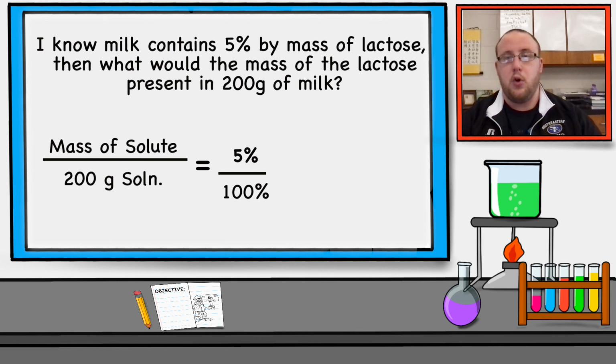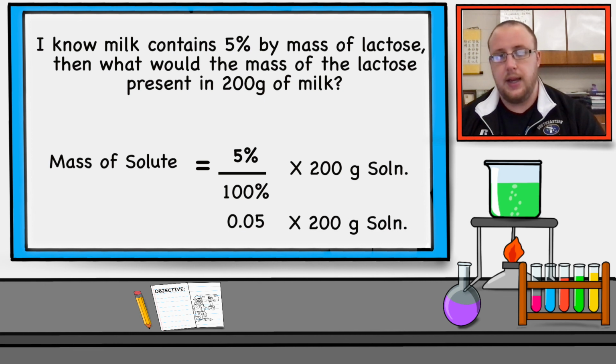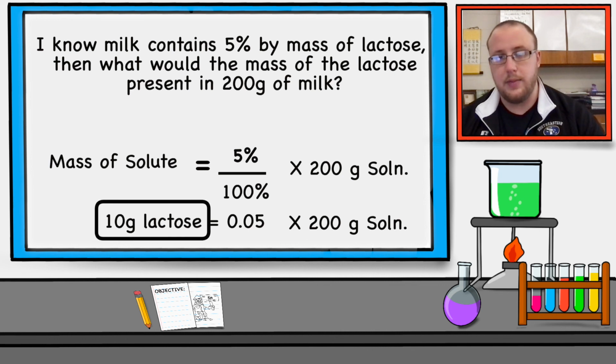We do this by multiplying both sides by 200, which gives us our new formula: mass of solute equals 5% divided by 100% times 200. 5% divided by 100% is 0.05. Then we multiply that by 200 and get the mass of our solute, which is 10 grams. So the answer to this question is that there are 10 grams of lactose in 200 grams of milk.